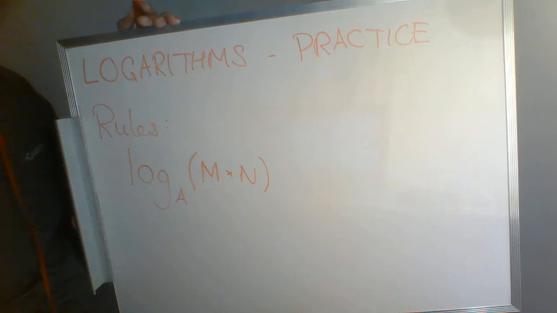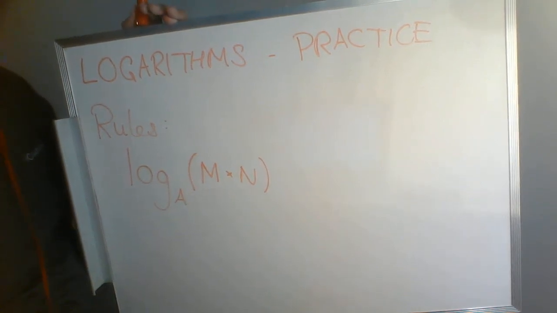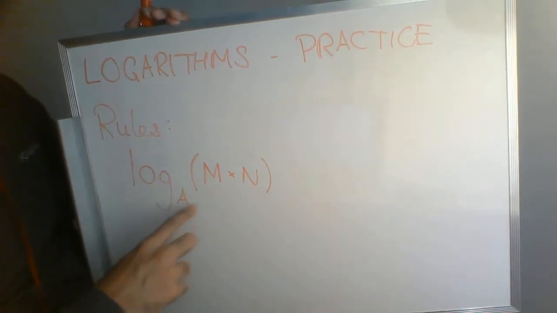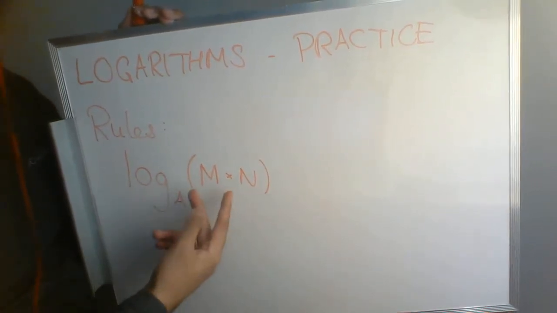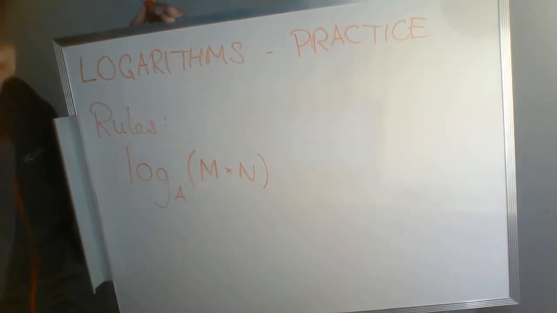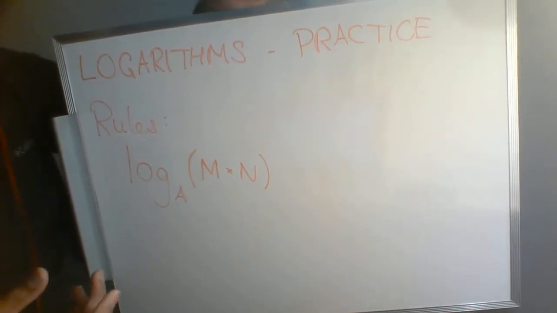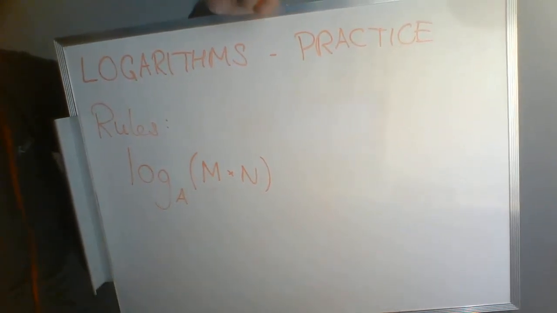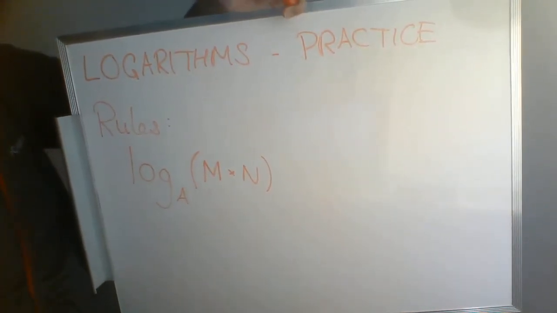But you can see that right off the bat, if we're dealing with just numbers, why would we ever think to write a logarithm as something times something? You might as well just write the entire number in there. So it's not necessarily going to be useful for us, but it's a useful property of logarithms that you should at least see before you run into a problem where you actually need them.